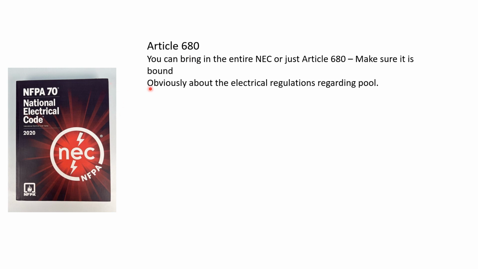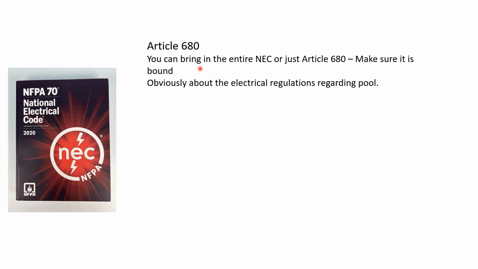And then we're going to talk about the National Electric Code. You only need to know Article 680. If somebody's got you looking through the whole code book, they're wasting your time. Now, you can bring in the entire National Electric Code or just Article 680, but make sure it is bound.